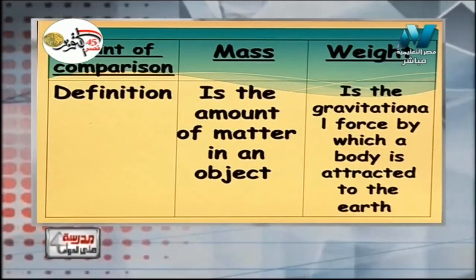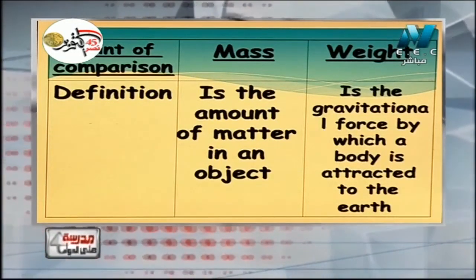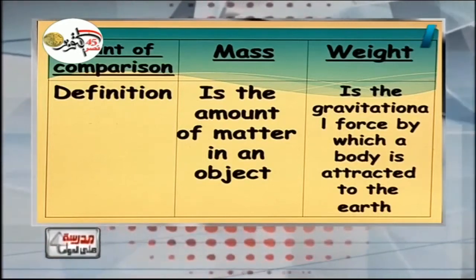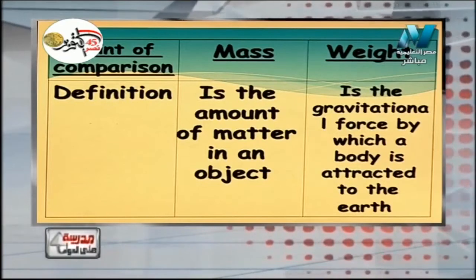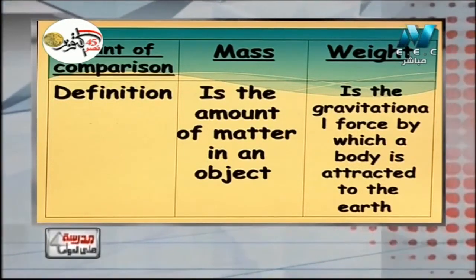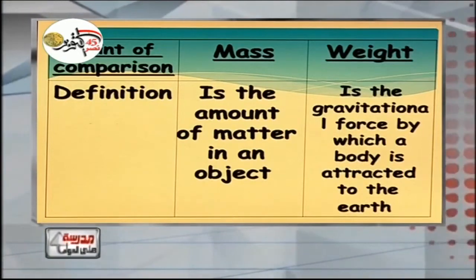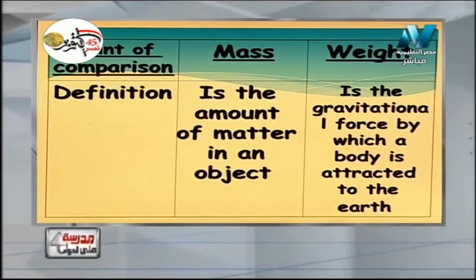What about weight? Weight is the gravitational force by which a body is attracted towards the earth. So again, we must know very well the definition of mass and the definition of weight.